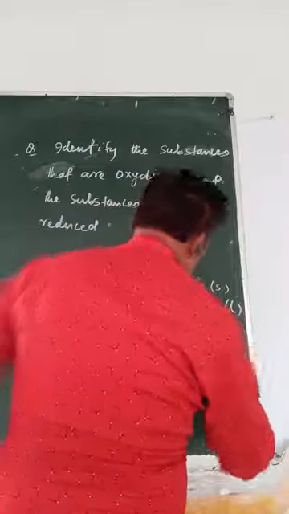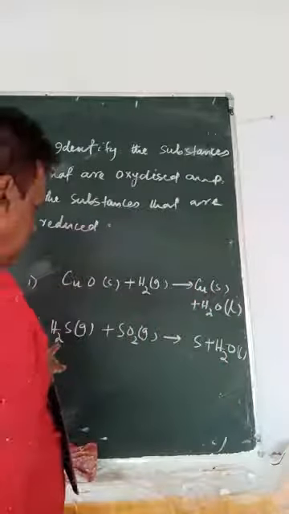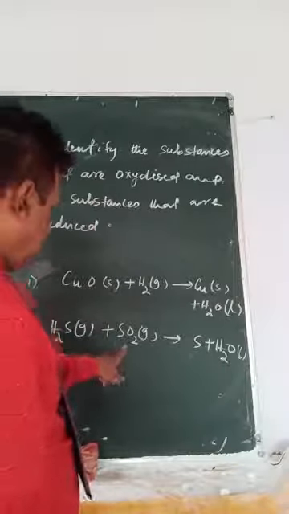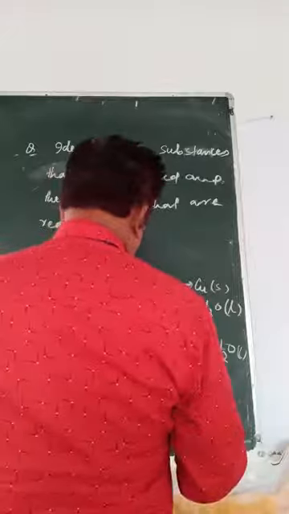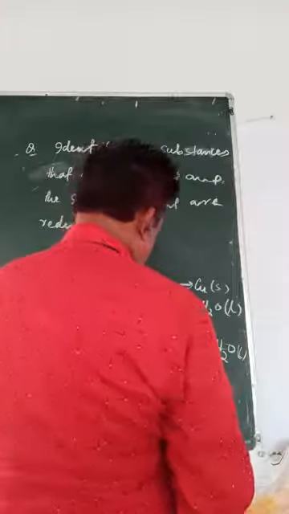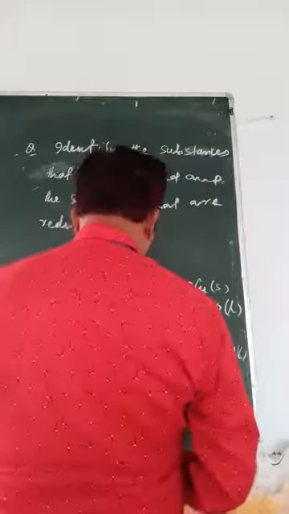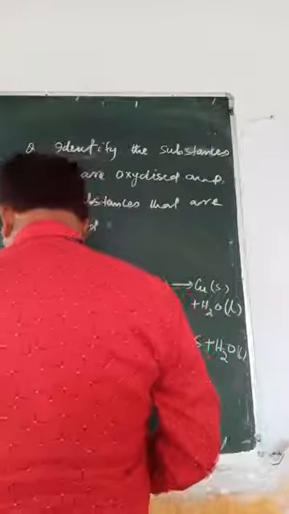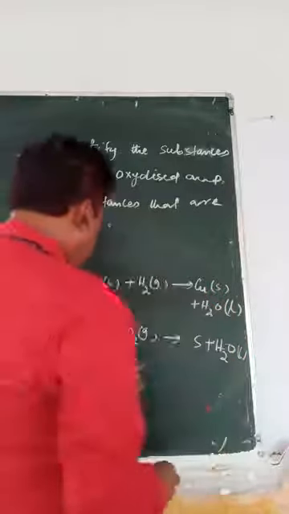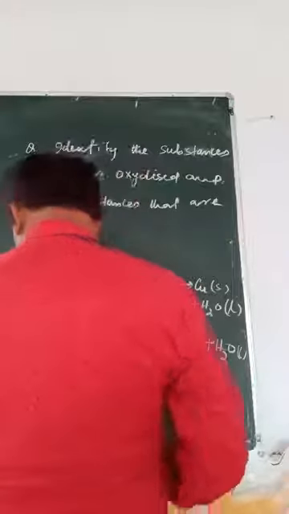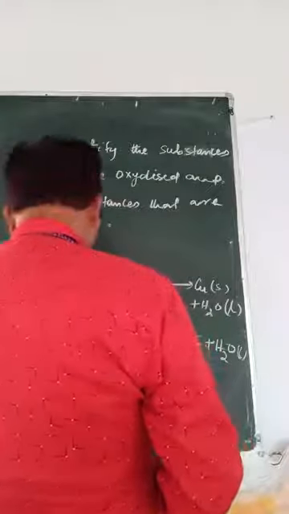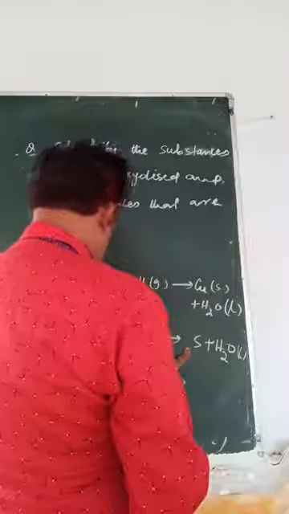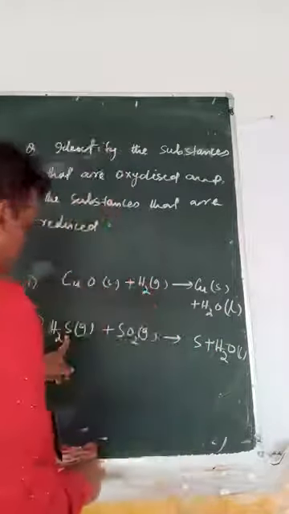Okay, now look, to balance it: here is oxygen 1, here is oxygen 2. So what I have to do is 3S, because S is here.